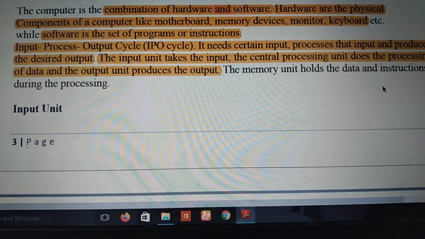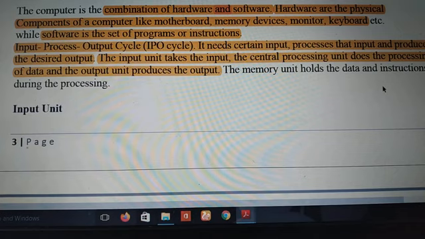One most important concept is the IPO cycle, the input output cycle. The input output cycle needs certain input, processes that input and produces the desired output. So as we know, it takes certain data, certain information from a human being. After taking that information, it works and produces output on your screen or monitor or any other way.